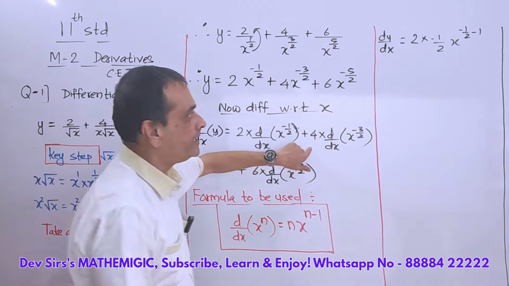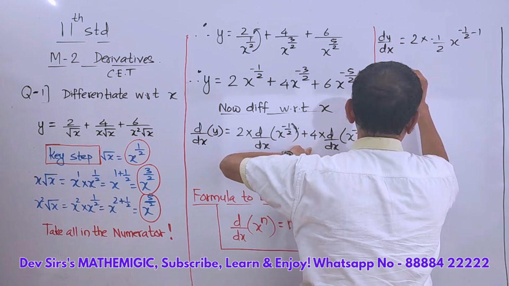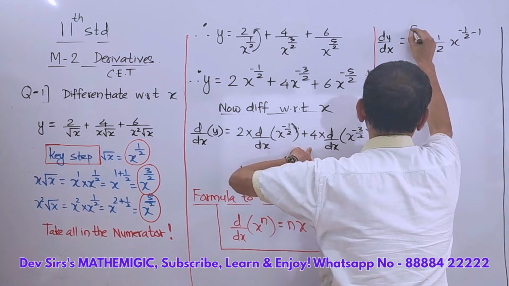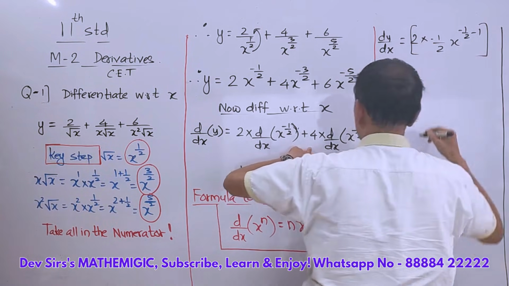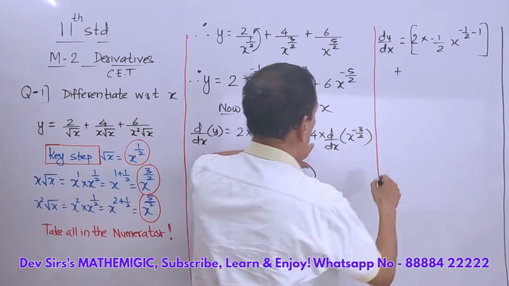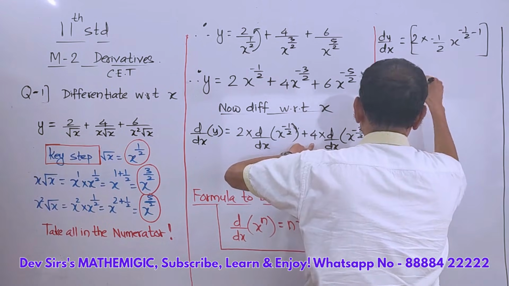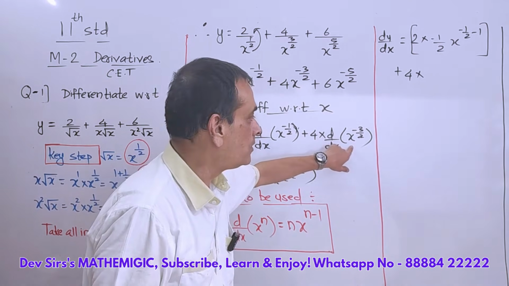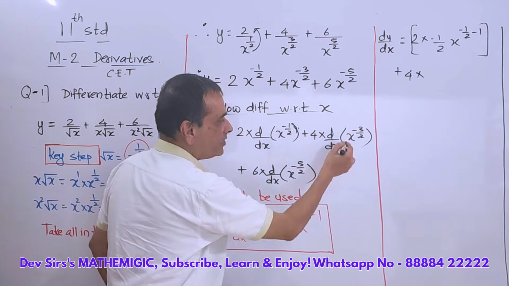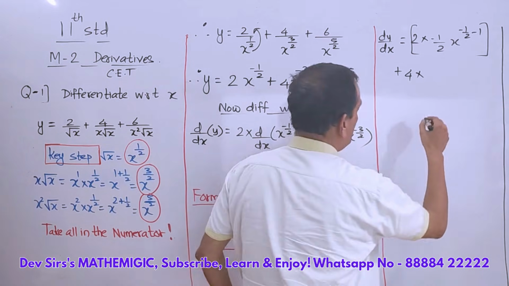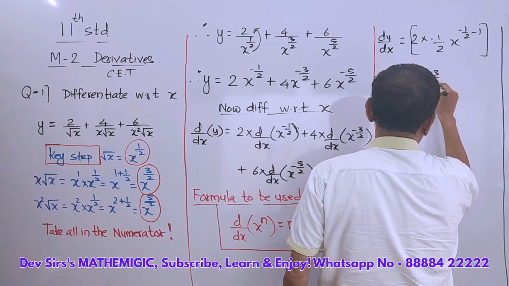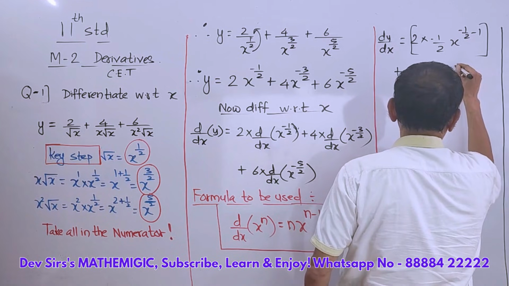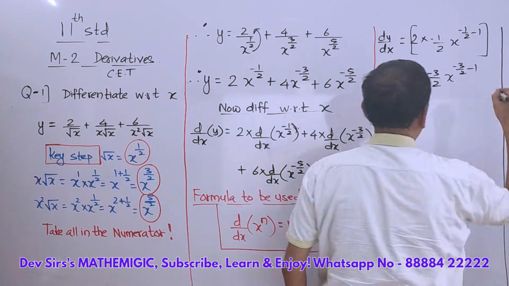Similarly here, observe carefully. Plus, so this is one term. Plus 4. Constant aside, derivative of x raised to minus 3 by 2. Again x raised to n. What will happen? n comes in front, x raised to minus 3 by 2 minus 1.